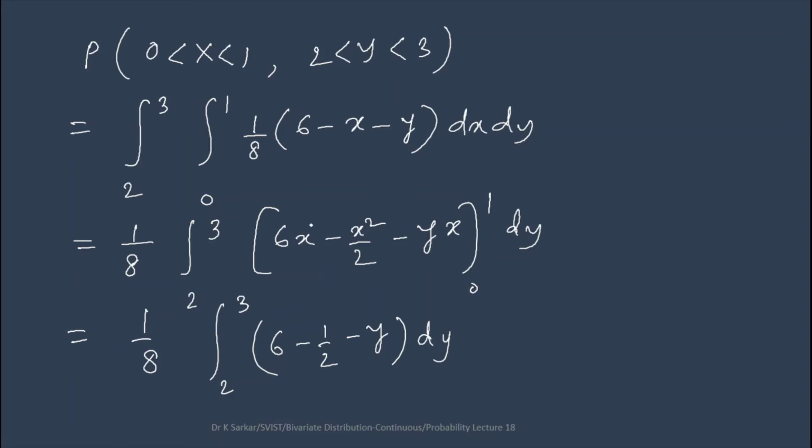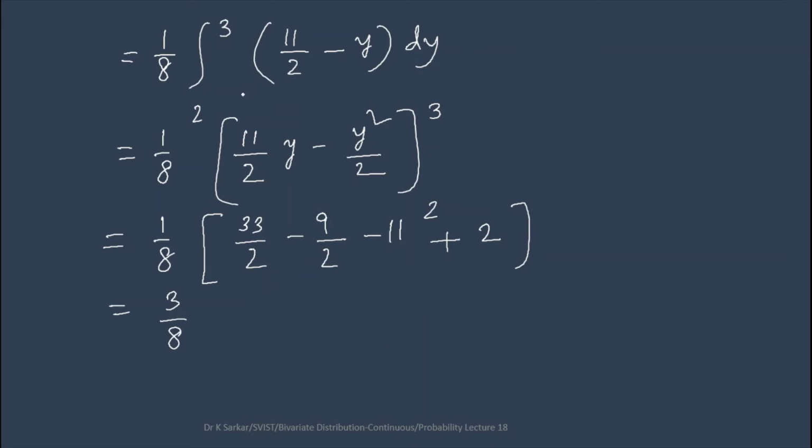Putting the limits, we get 6 minus half minus y. Now 6 minus half is 11 by 2. Let's do the integration with respect to y. Then we get 11 by 2 y minus y square by 2, limits are 2 and 3. Putting the limits, we get 3 by 8.